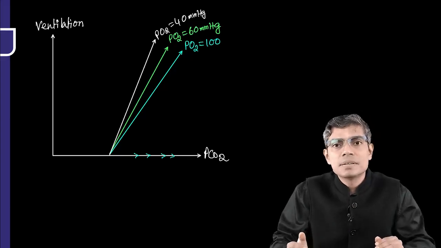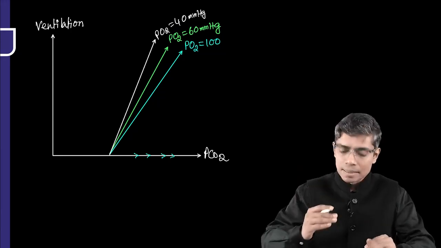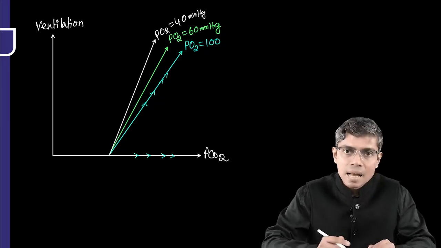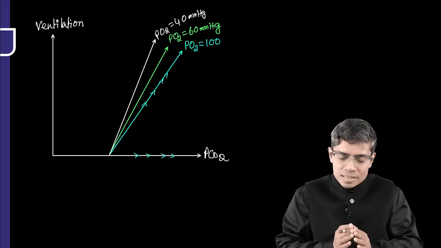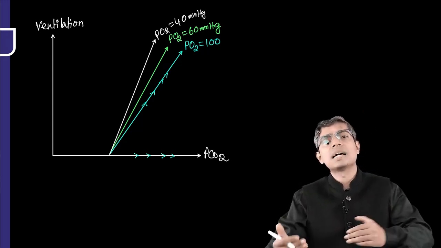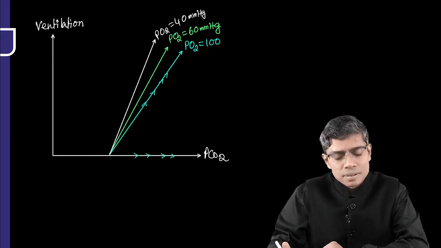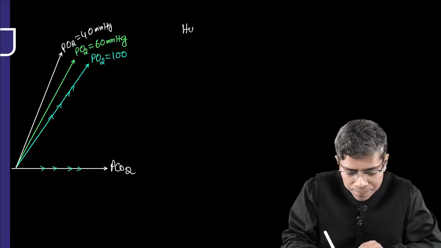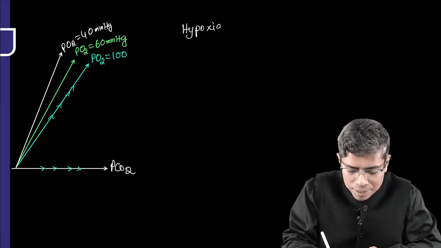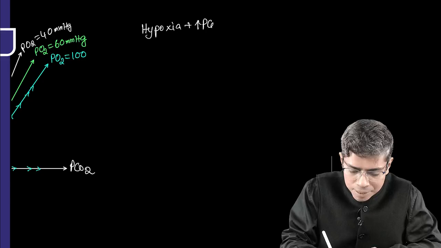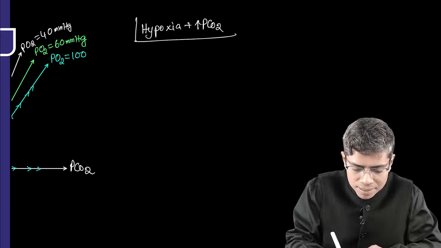What do you mean by a steeper curve? It means ventilation is rising. Previously also the ventilation was rising like this, but now additional hypoxia is raising the ventilation in a steeper rise than that of hypercapnia alone, right? So I can say that hypoxia along with hypercapnia, what is the effect?